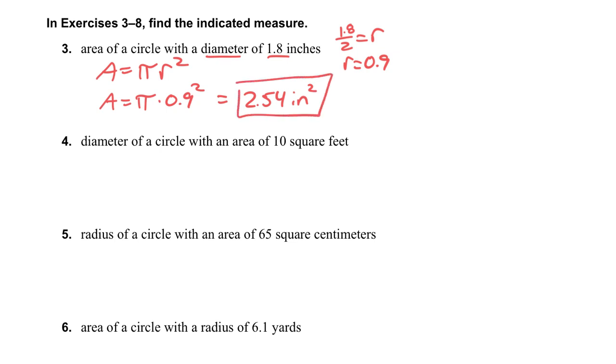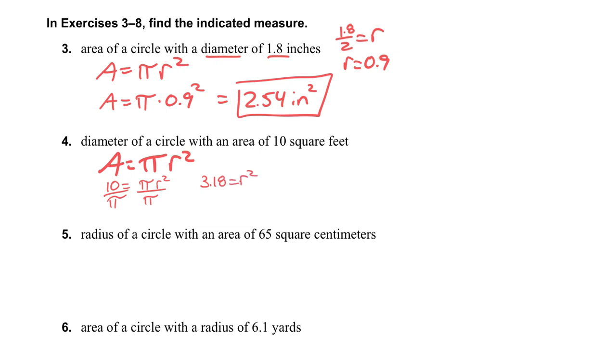Diameter, that's what we're finding now. We're finding a diameter when the circle has an area of 10 square feet. So area equals pi r squared. So I'm going to have 10 equals pi r squared. So first thing I'm going to do is I'm going to divide both sides by pi. When I do that, I'm going to get roughly 3.18 equals my radius squared.